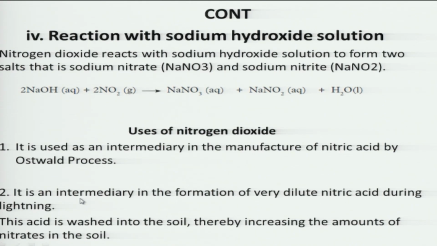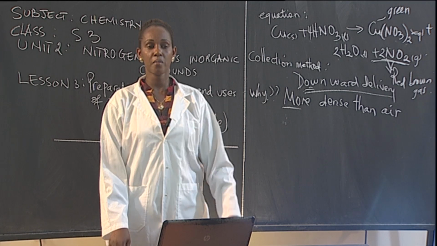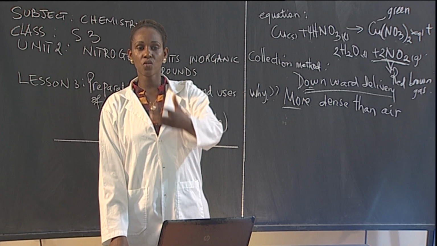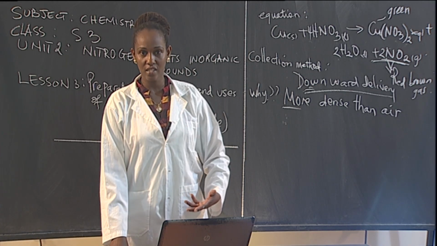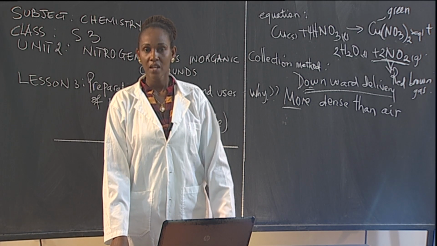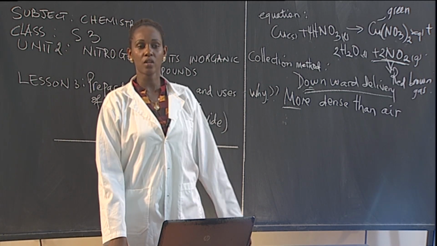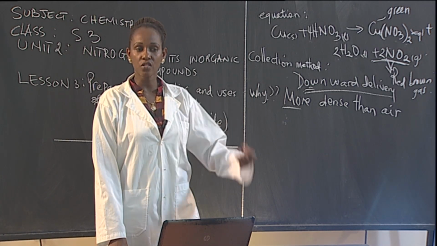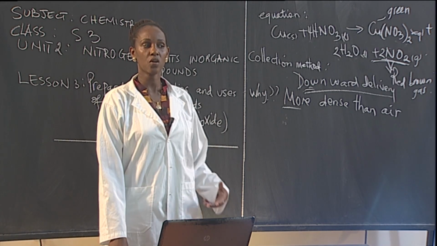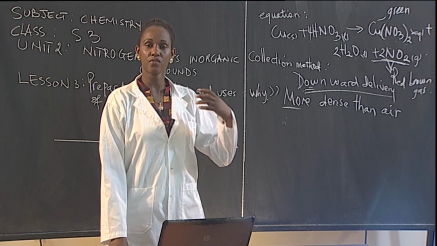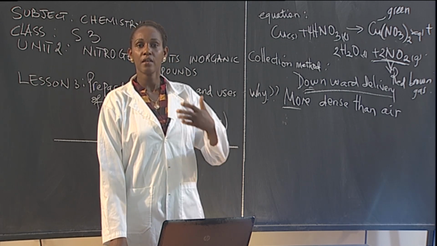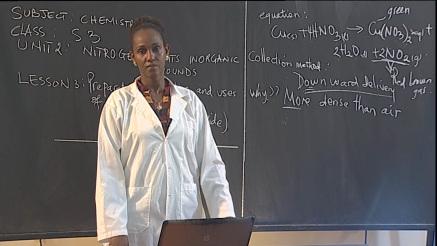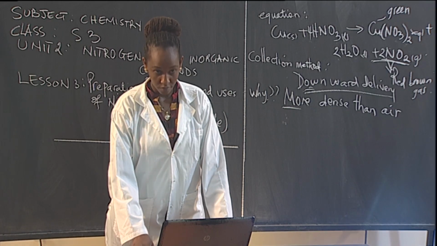So nitrogen dioxide takes part in soil fertility in a way that, since it is used in the formation of dilute nitric acid during lightning, as it is washed into the soil, it will increase the amount of nitrates in the soil. And you know, nitrates are very important in fertility of the soil, as they are used by the plants. Right? Good.